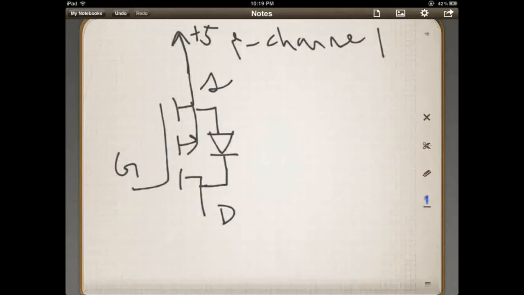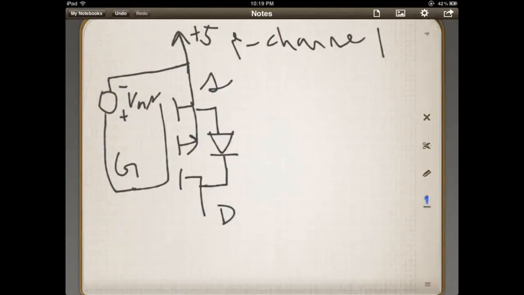Whereas a P channel, when it's used as a switch, is mostly used as a high side switch. Which means we're going to bring in the 5 volt and it'll switch the 5 volt line, or 3.3 or 12 volt, or whatever your application is. It'll switch the high side. So now you're going to want, again, a voltage from gate to source.